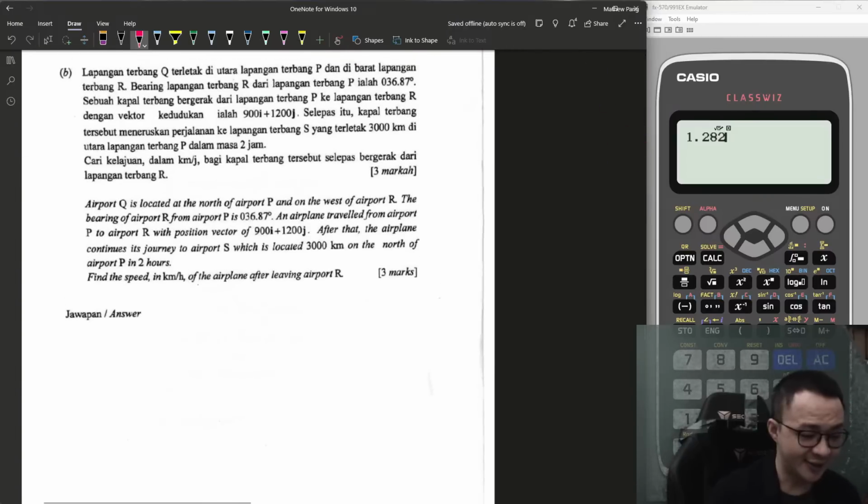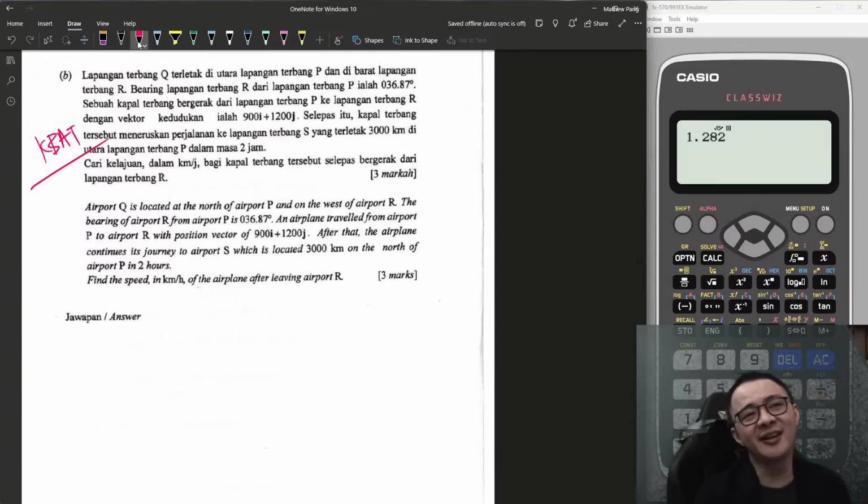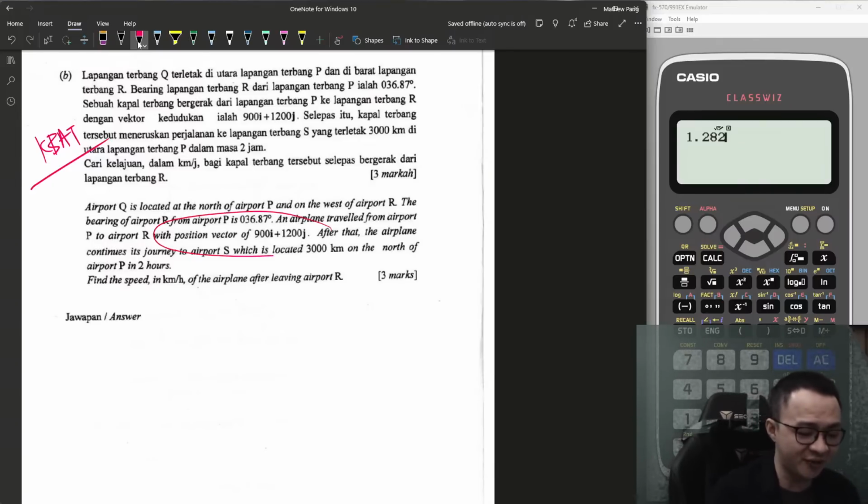7 marks, nice. Okay, this question itself, I think they're trying to make something similar to k, but I would say the information is less accurate. I'm not a professional teacher, so I'm not criticizing the MRSM teacher, but normally when you give position vector, you literally need to tell us where is the origin.